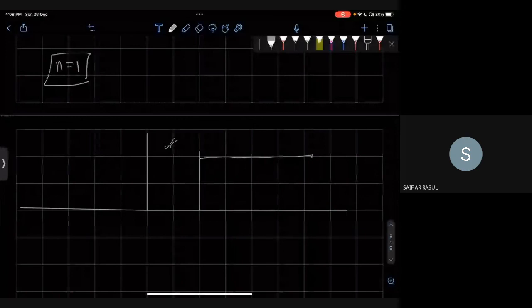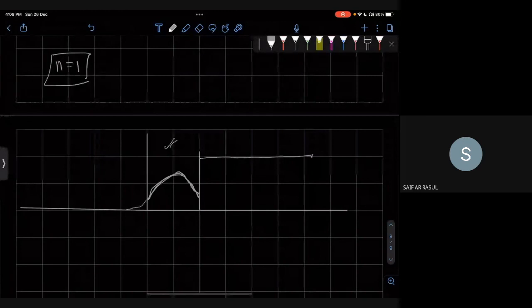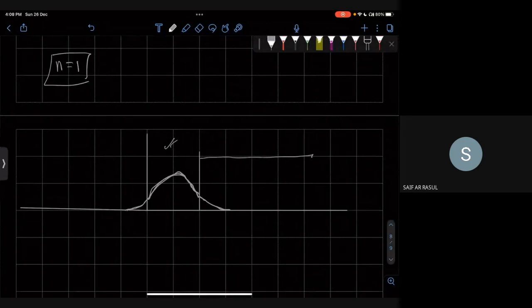So in that region we expect the same solution as the infinite potential well, but here we expect it to be decaying, right? Okay, so this is the ground state psi1, also known as psi0.